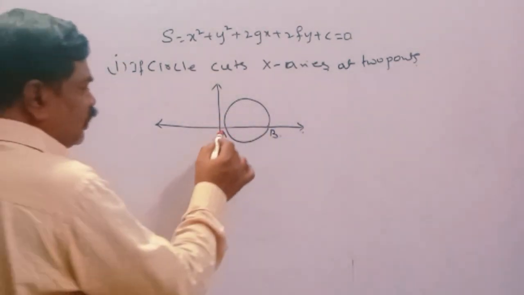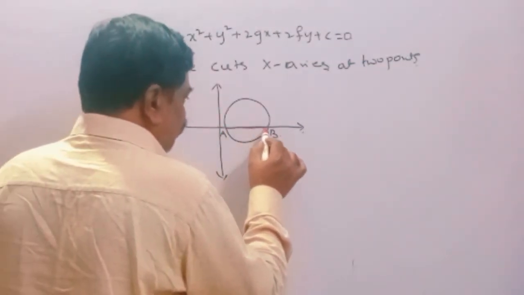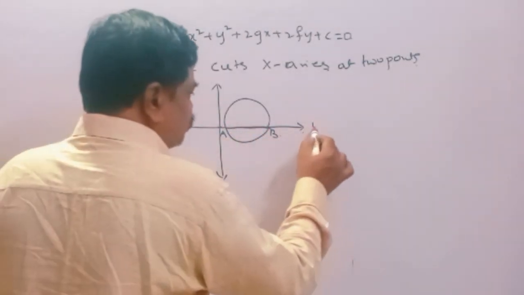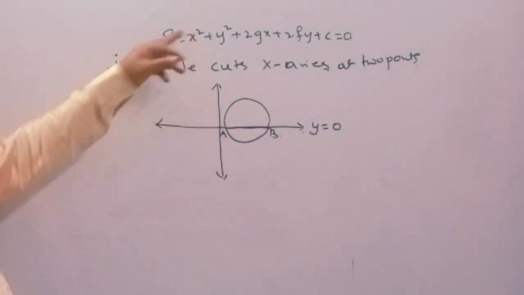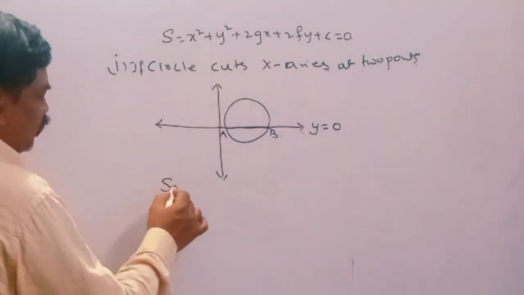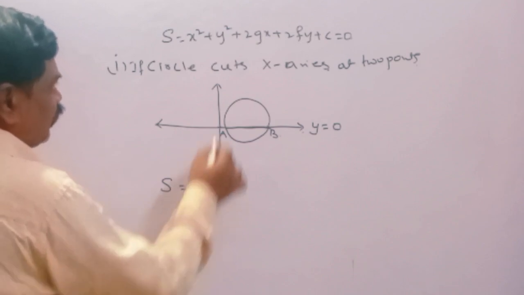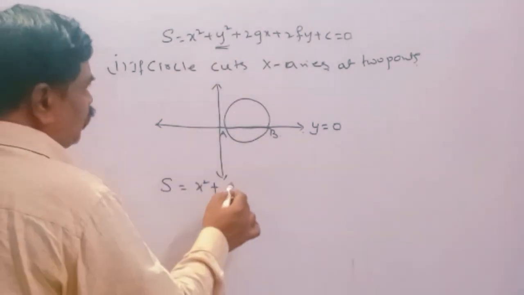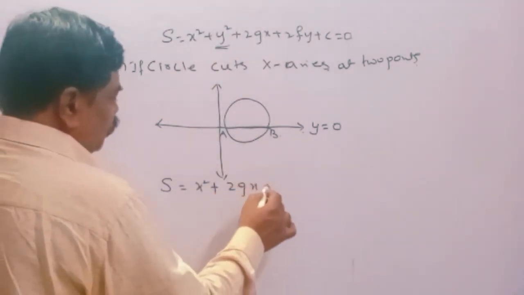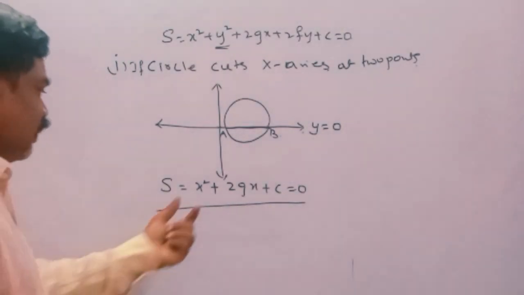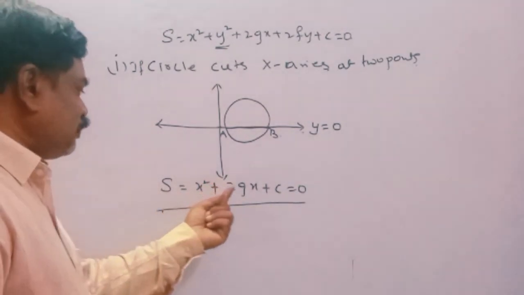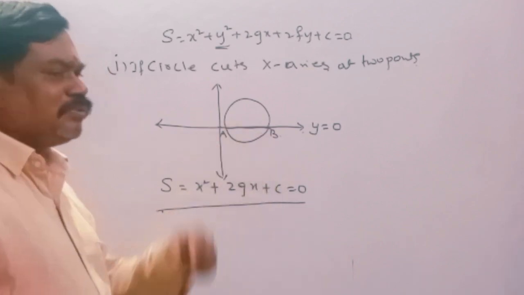That means if these 2 points are on the x-axis, y is equal to 0. Then you can apply this: S is equal to x square plus 0 plus 2gx plus c equal to 0, that is x square plus 2gx plus c equal to 0.